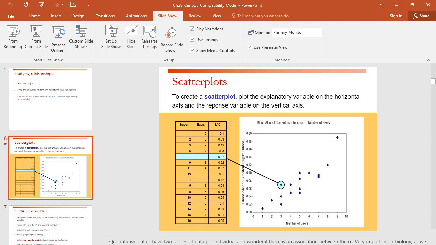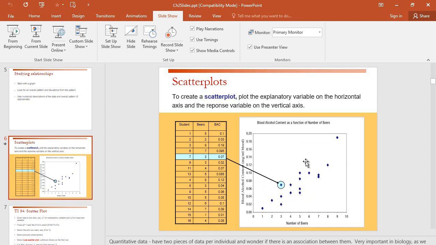For example, here you see that for student number 7, we have 3 beers and 0.07. So we are plotting 3 along the horizontal axis and then 0.07 along the vertical axis. So we get this point right here, given by the coordinates 3 and 0.07. This is how we plot all these points.